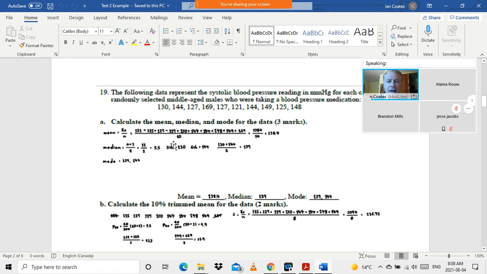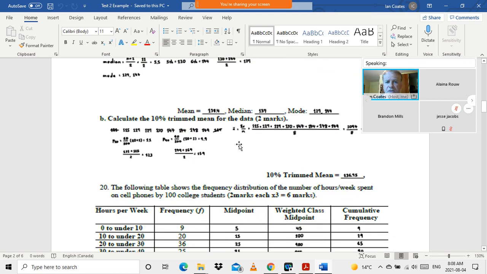Okay, and we were just looking there for the mean, median, mode for these three, which then set us up for the 10% trimmed mean, which was 136.75. And again, I was kind of flexible, but I really wasn't as far as decimals go.